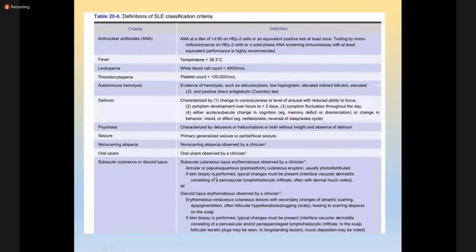And you can confirm it on biopsy, which you don't need to remember. Then discoid lupus, in which there is erythematous violaceous, the purplish and the blood-filled capillaries. Cutaneous lesions can be there, and they may be atrophy, scarring, depigmentation. There are areas of hyperpigmentation and hypopigmentation you can get.